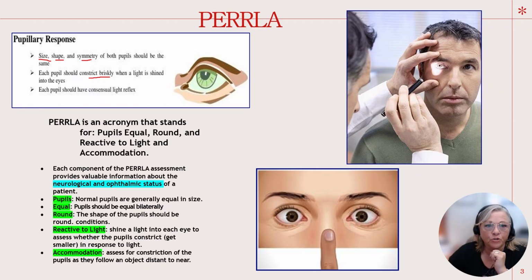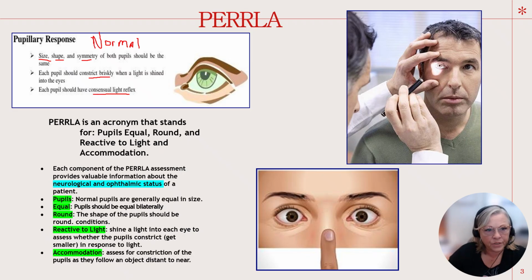So each pupil should have a consensual light reflex. So these are your normal findings. Still didn't get my pen out to write. I'm doing it with my mouse. How beautiful is that? But these are your normal findings.